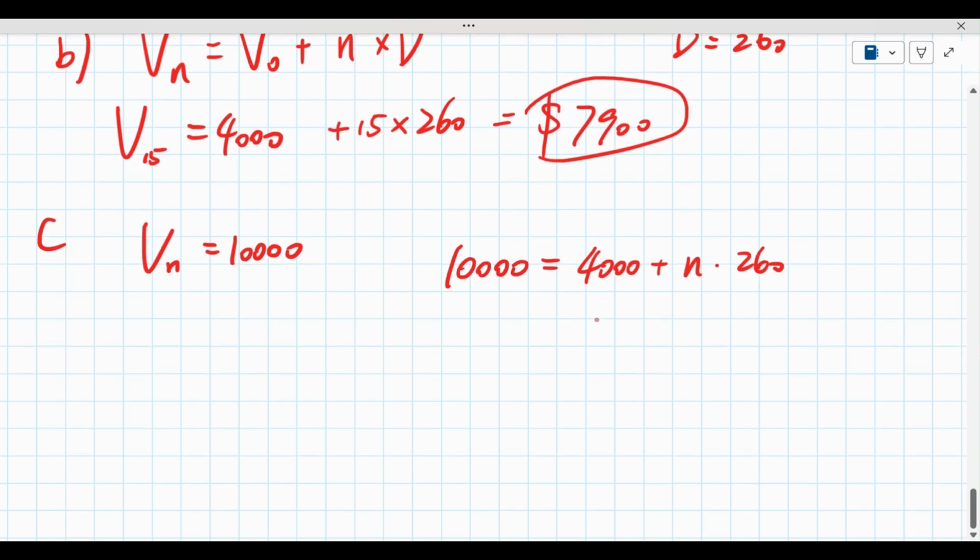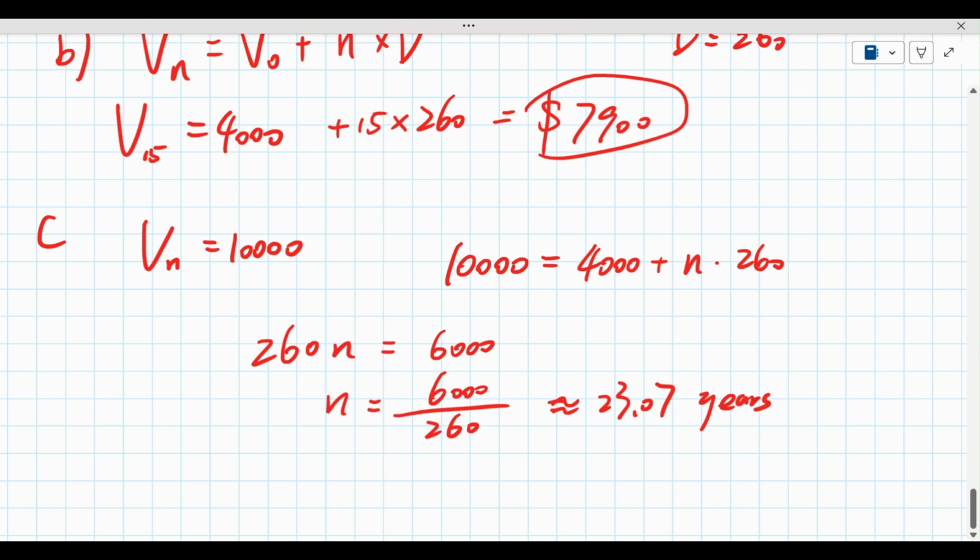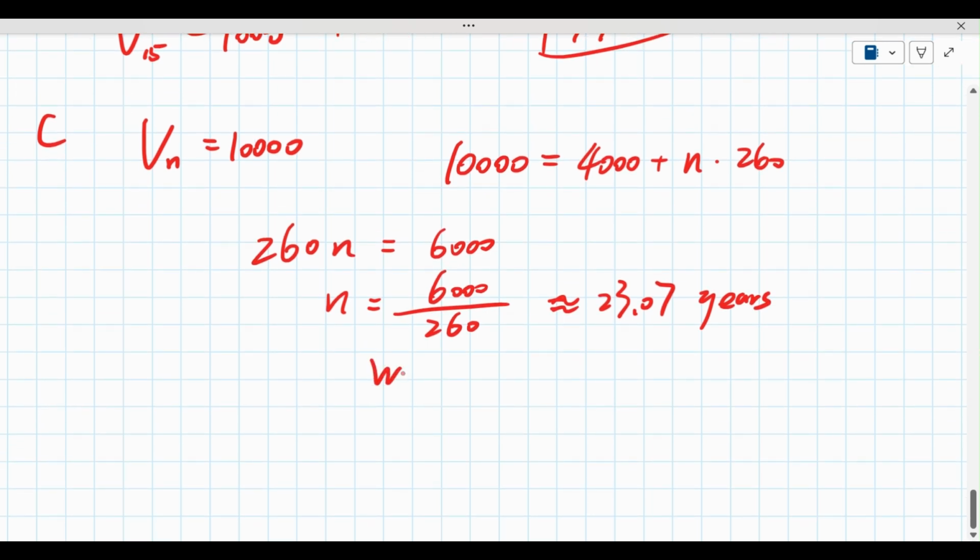We use the solve function on the CAS calculator. 260n equals 6,000, so n equals 6,000 divided by 260, which is approximately 23.07 years. That means we have to round to a whole number, so it takes 24 years to reach 10,000.